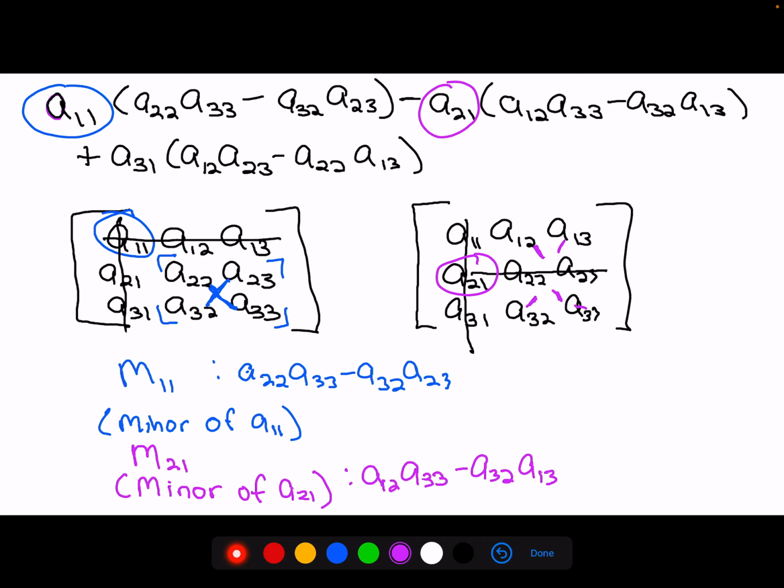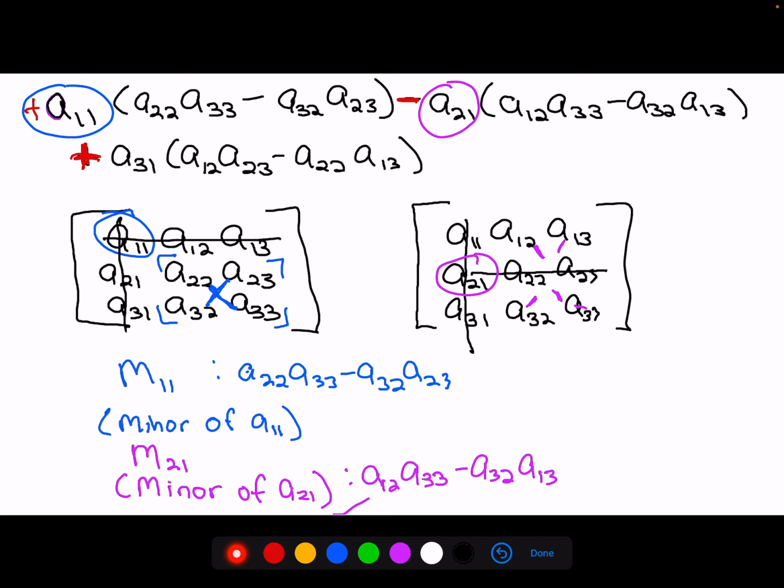All right, so another thing to notice is that your symbols alternate: plus, minus, and plus. After you do the factoring, the elements that are outside the parentheses, if you go in order in your row or column, those symbols are going to alternate.